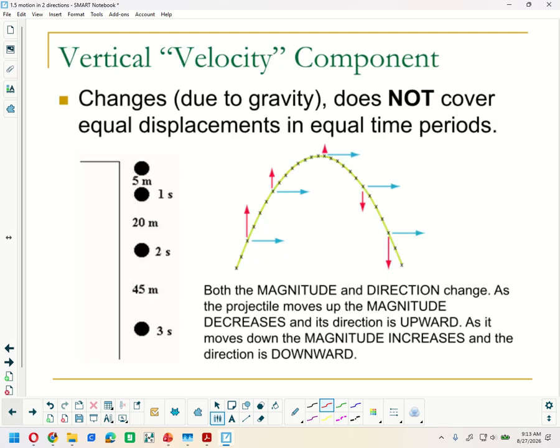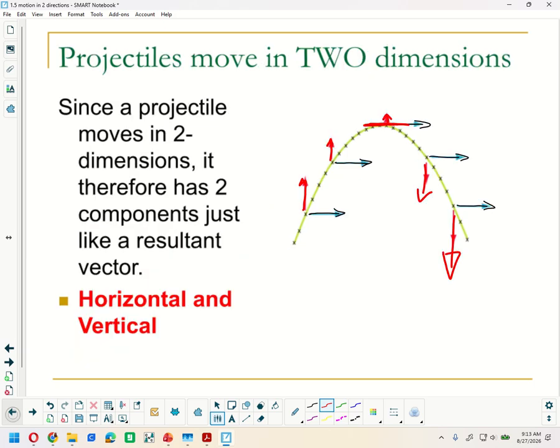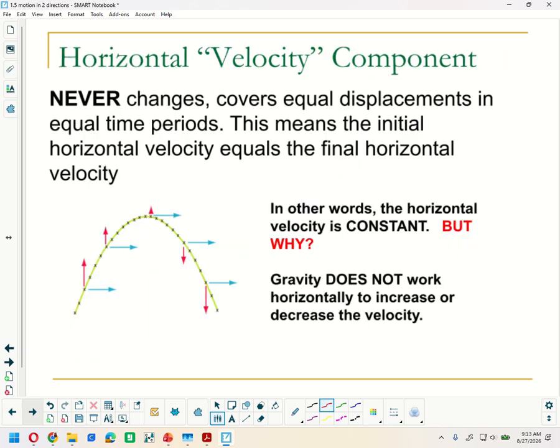So anyone know the other law for that one? There's a law for that one. Anyone? So we talked about Newton and gravity. So why is this one going to keep going to the right? You guys, why not in science class? No?